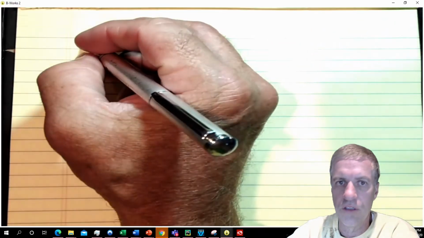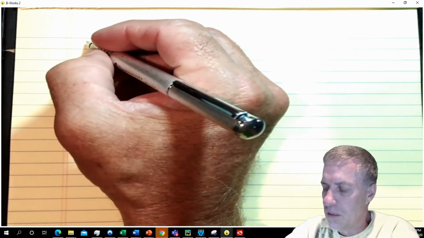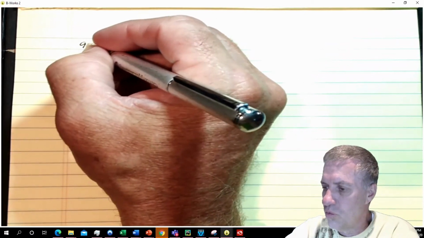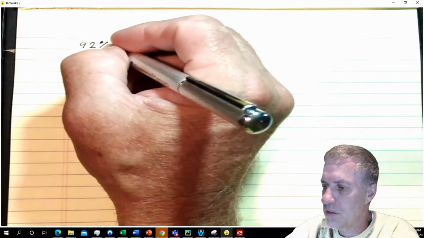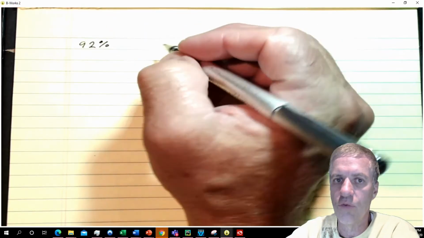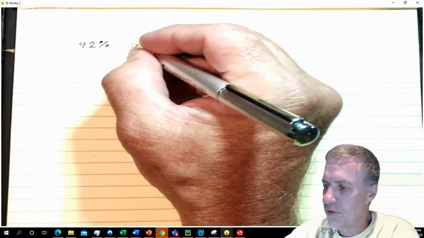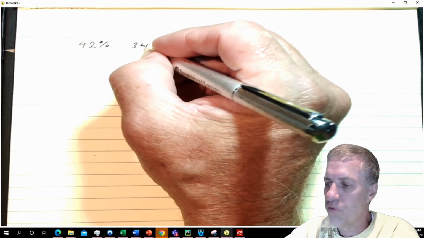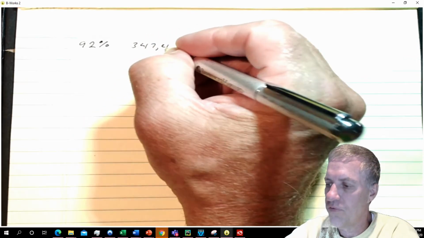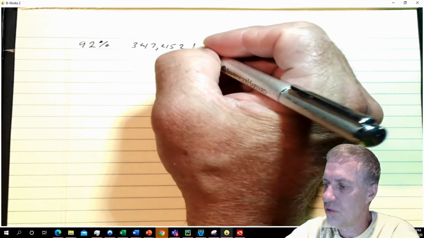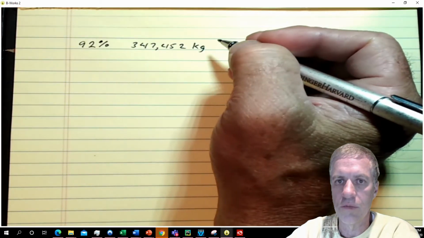All right, so let's write down the information that we know. We're at 92% of the maximum takeoff weight of 347,452 kilograms.